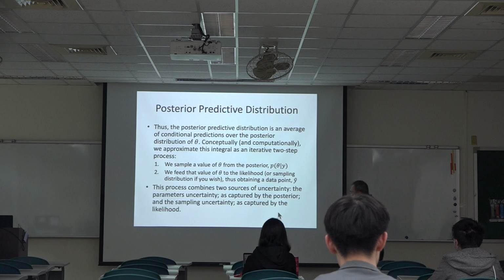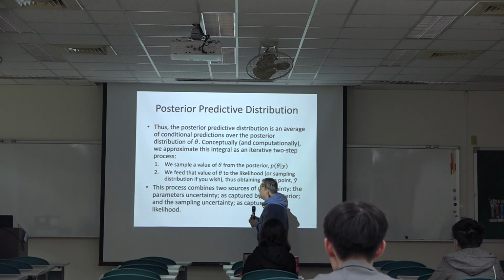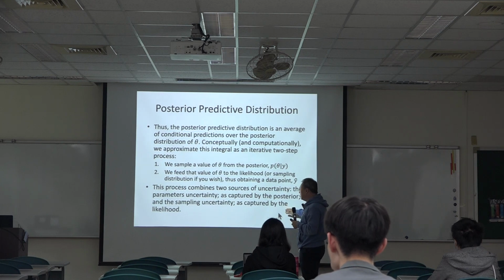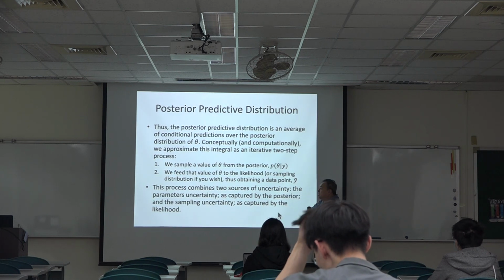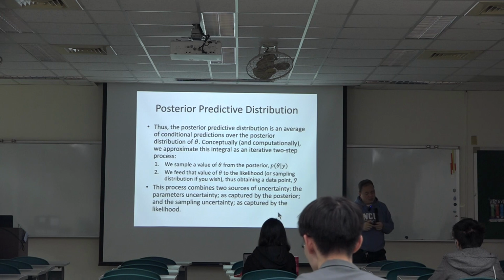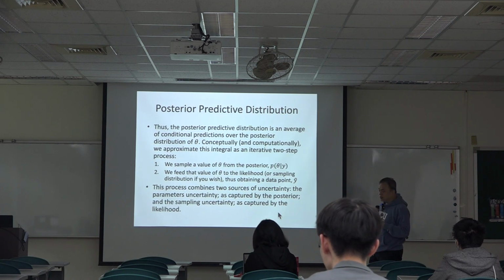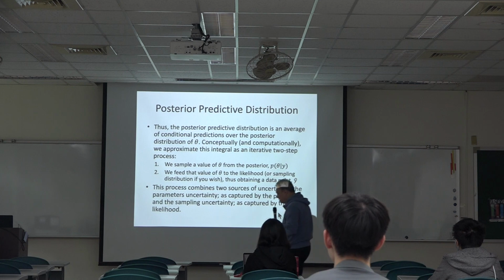The second part is from the likelihood. You can say it's a model uncertainty, or likelihood uncertainty. So this process takes into account these two sources of uncertainty.